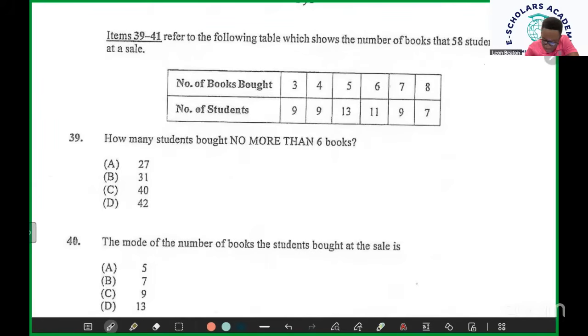So all these people here, 6 and below. So we have to add up all these here. 9 and 9 is 18. 18 and 13 is 31, and 31 and 11 would be 42, which is D.